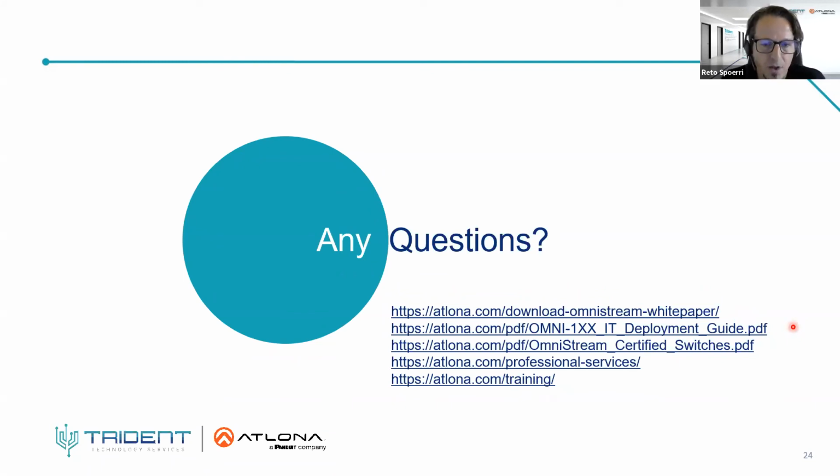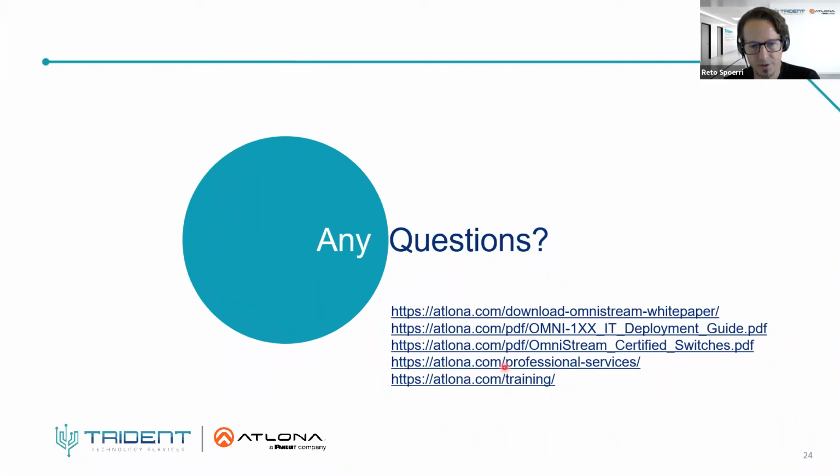If you decide to do your own IGMP querier deployment, then you will find all the useful information in detail in this deployment guide. I mentioned this certified switches document that lists around 30 to 40 switches. It explains the configuration, and with one click you can download the configuration and you will be up and running in a couple of minutes.